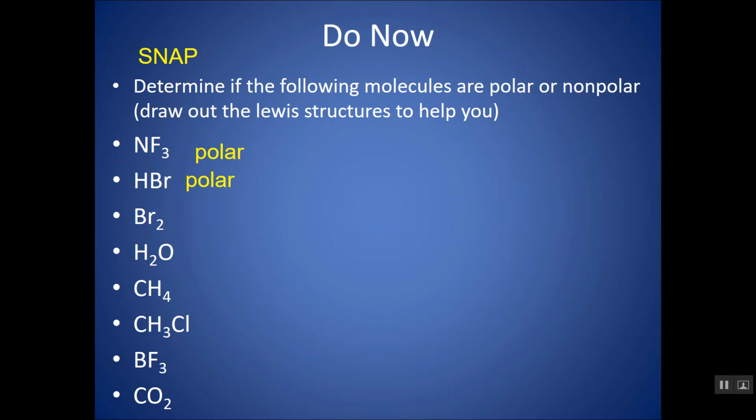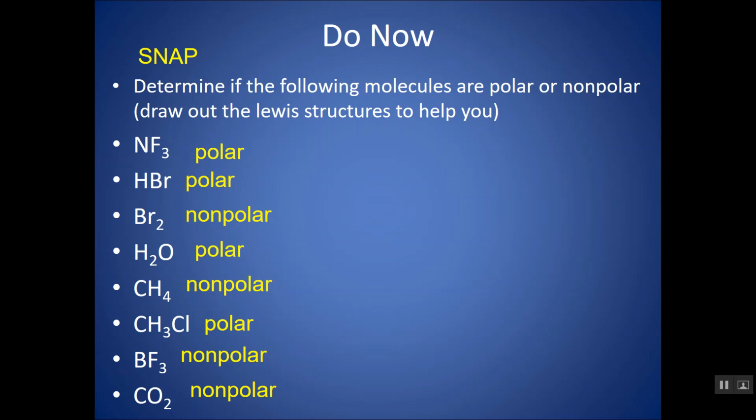They would pull on the electrons with different forces because they have different electronegativities, so the electrons would end up being closer to Br. Br2 is nonpolar, H2O polar, methane is nonpolar. CH3Cl, which has a similar structure to methane, is tetrahedral, but now it's not surrounded by all the same atom, so that would be polar. BF3 is trigonal planar, that's nonpolar. CO2 is linear, that is nonpolar.